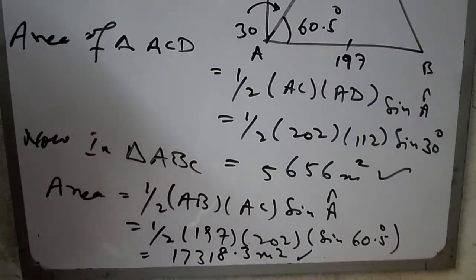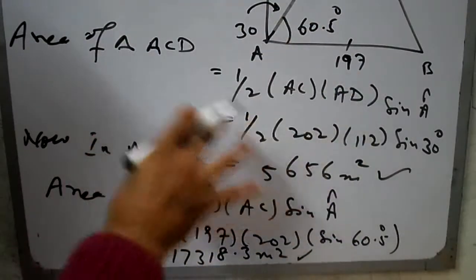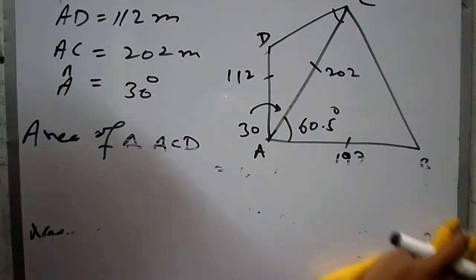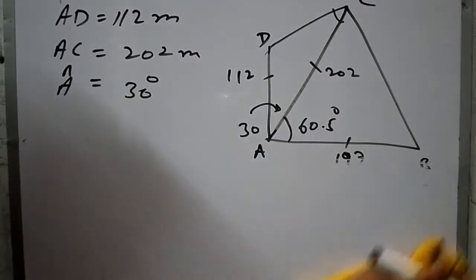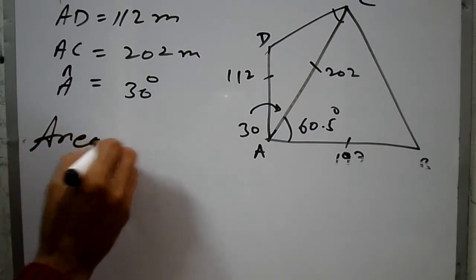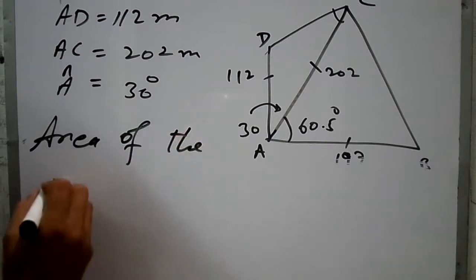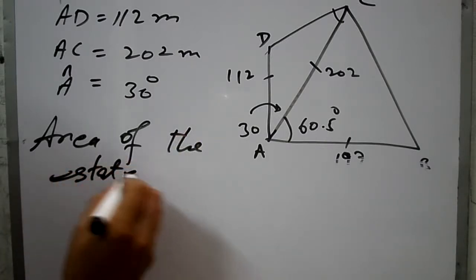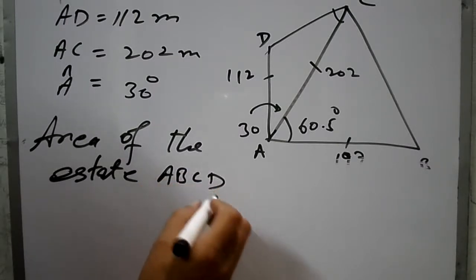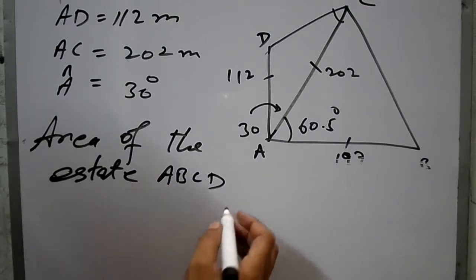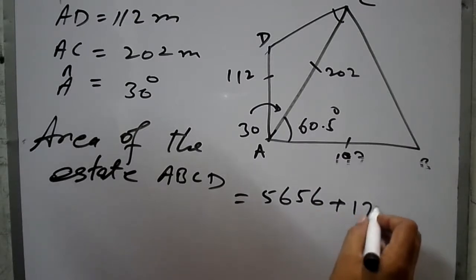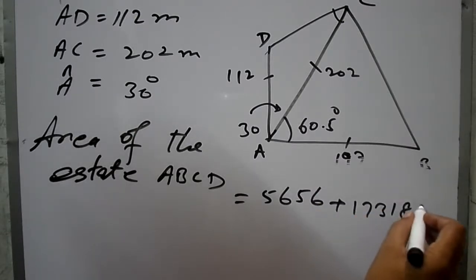So for the full area of the state ABCD, we have to add all these areas. So if you have been asked what is the area of this state, so the area of the state ABCD, because we have represented it as this quadrilateral, is equal to 5656 plus 17,318.3.